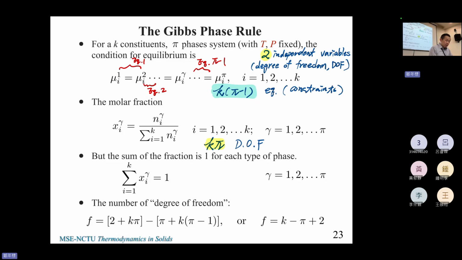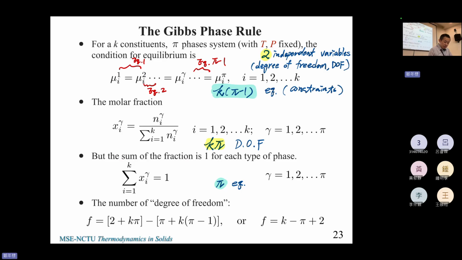But these molar fractions need another equation to constrain them, because the sum of the fractions is 1. And you also have pi phases for each material. You need to satisfy fraction sum equal to 1, so you have pi equations that need to be satisfied as 1.